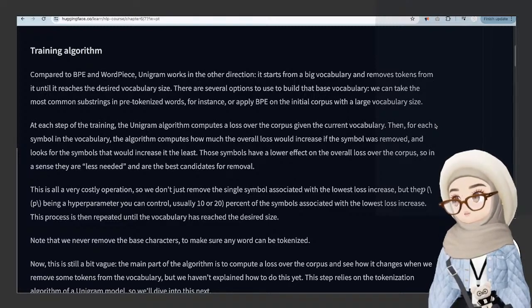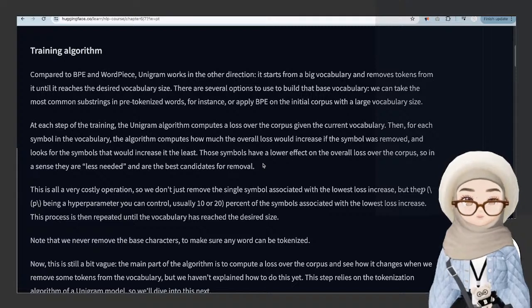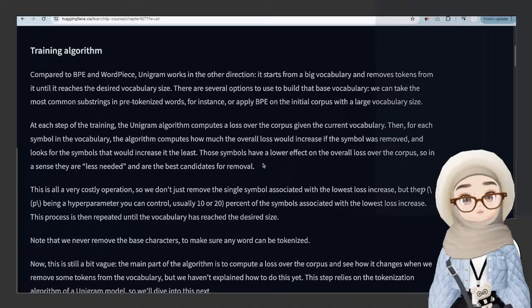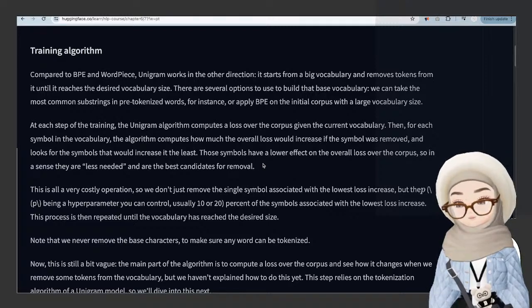Then for each symbol in the vocab, the algorithm computes how much the overall loss would increase if the symbol was removed, and looks for the symbols that would increase it the least. It would make sure that we have the smallest amount of loss. Increases the least is what it's supposed to mean.